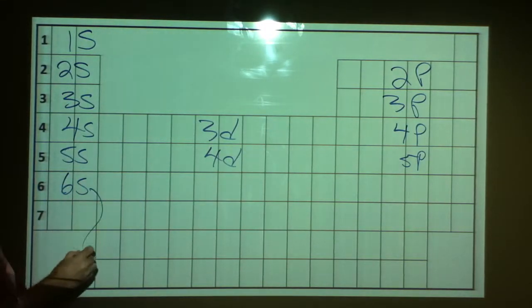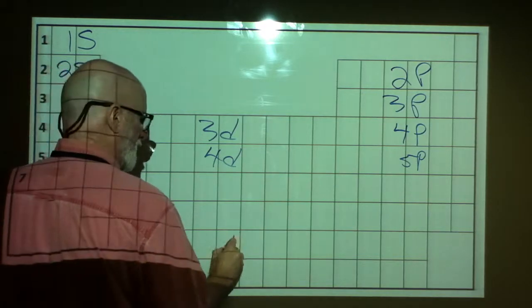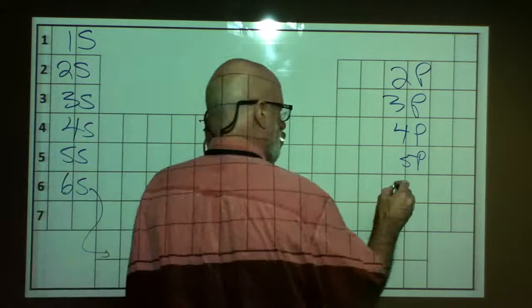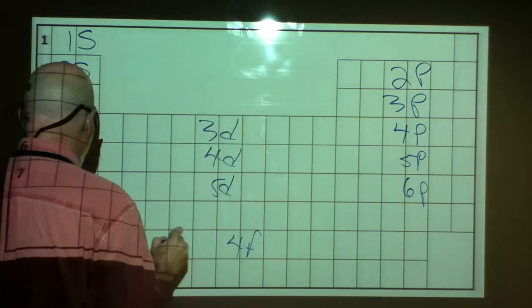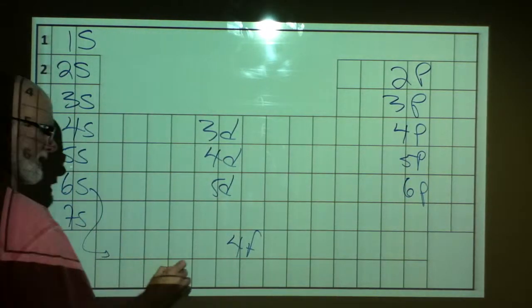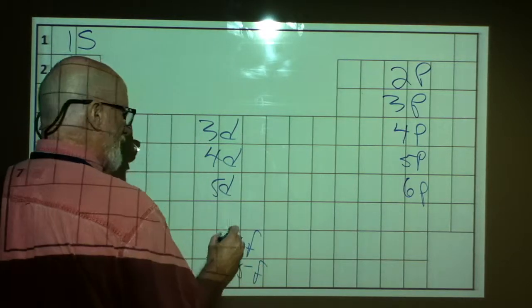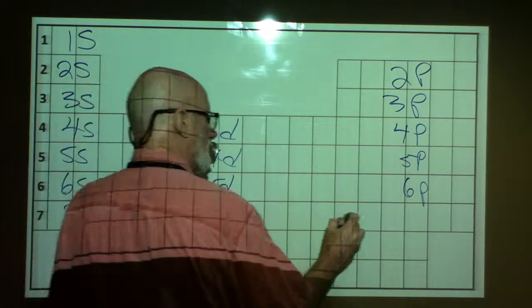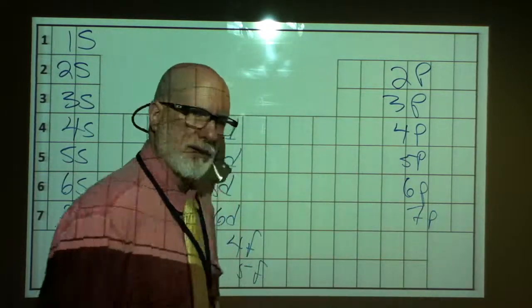Right? Then this is going to be 4f, right? 5d, 6p, 7s, 5f, 6d, 7p. Easy?